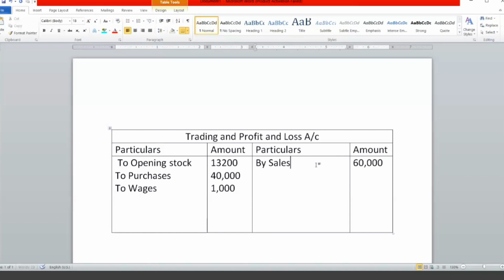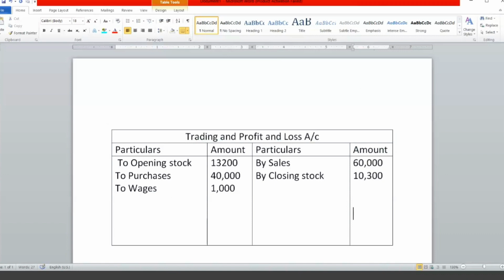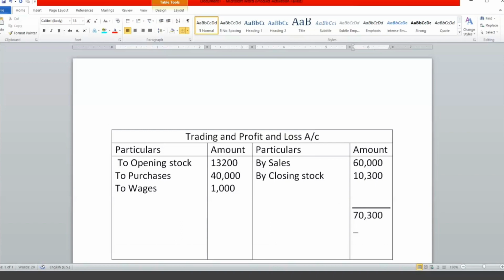Then on the credit side, write down by closing stock. What is the amount of closing stock? 10,300. These are the details we have. Now let's find out what is the total. 60,000 plus 10,300, 70,300 is the total.